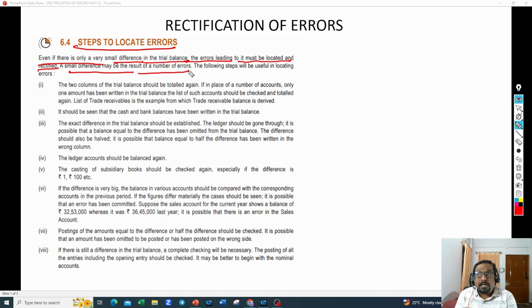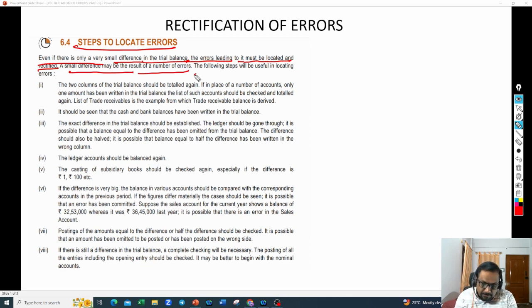So your motto should be, how do I identify and rectify the errors? You are not going to rectify the errors based on the amount. Amount can be anything, but your responsibility is to identify or locate those errors and rectify them.